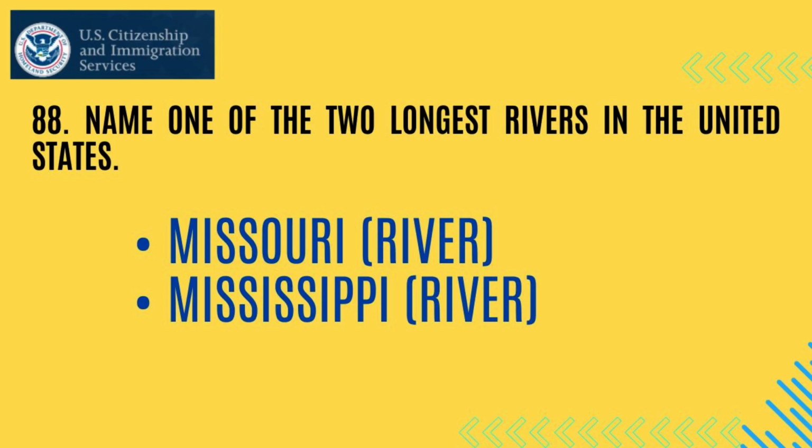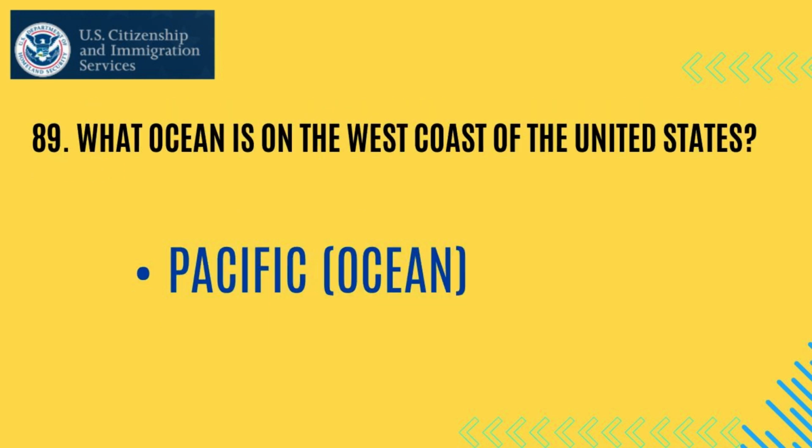Integrated civics. 88. Name one of the two longest rivers in the United States. Missouri River. Mississippi River. 89.